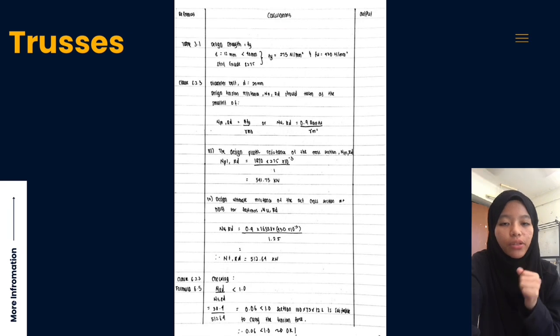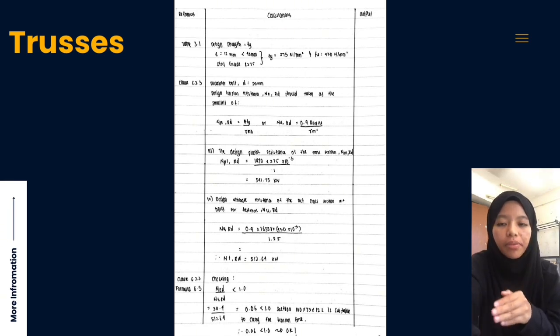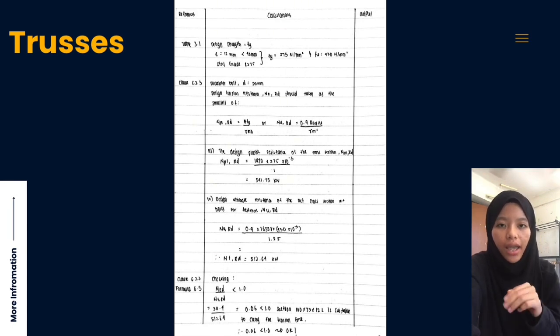Clause 6.2.3, diameter of bolt D equals 20 millimeter, design tension resistance NTRD should be taken as the smallest of NPLRD equals A Fy over M0, or NURD equals 0.9 A net Fu over M2.